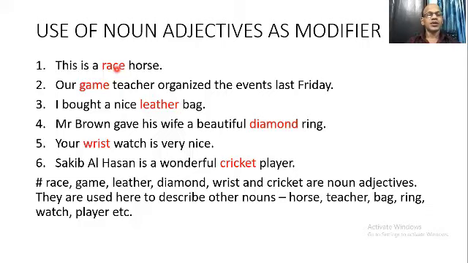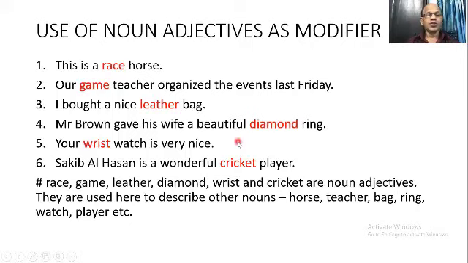So race horse, race is a noun adjective. Our game t-shirt organized the events last Friday. Game is another noun and we call it adjective here. I bought a nice leather bag. Leather is a noun and an adjective here. Mr. Brown gave his wife a beautiful diamond ring. Diamond is a noun and it is used as adjective.